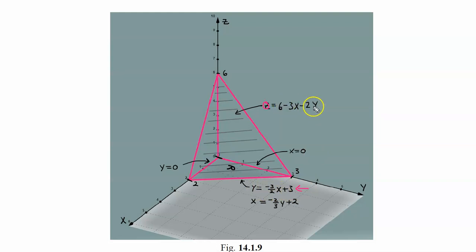Just take the 2y over and divide by 2. Or if you solve for x in terms of y, you would get that. We'll use this later on.